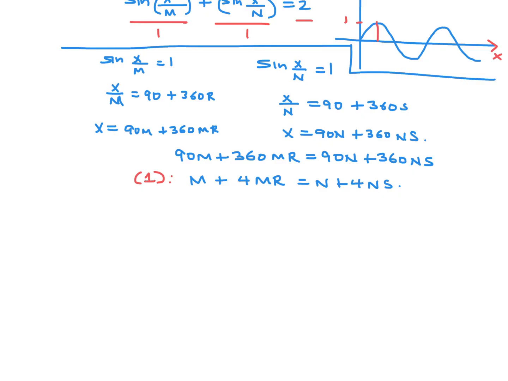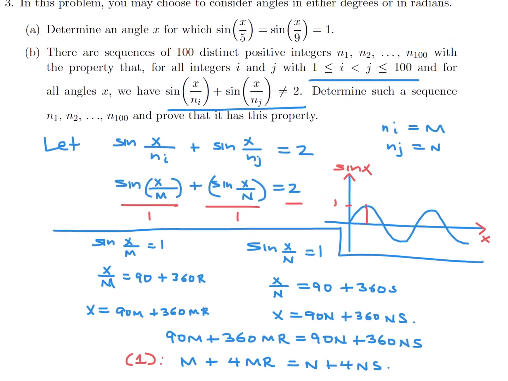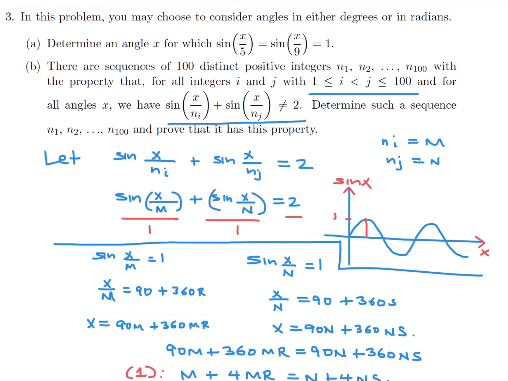So now what we need to do is go back to the original question and think about what they're doing here. So let's read this again. There are sequences of 100 distinct positive integers, n1 through n100, with the property that for all integers i and j, with 1 less than or equal to i less than j less than or equal to 100, and for all angles, this is not equal to 2.